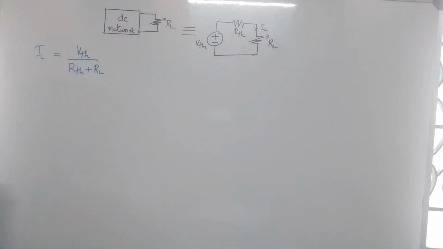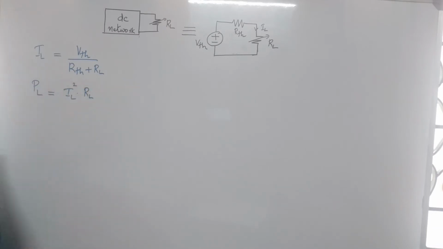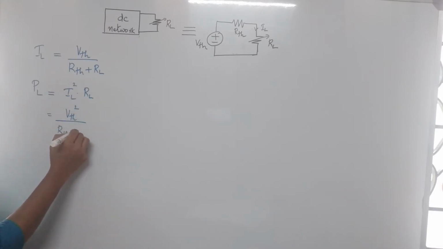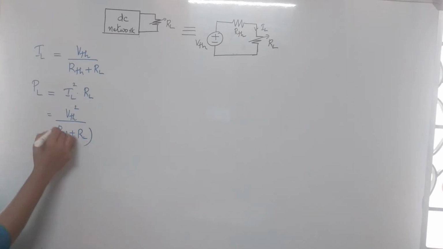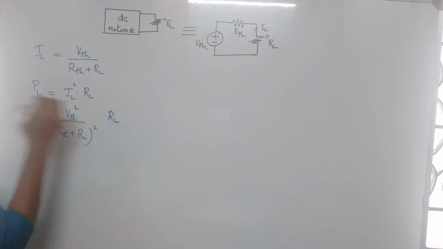This is the current flowing through it. Then what will be the power? Power will be IL squared into RL. That is VTH squared by (RTH plus RL) the whole squared, into RL.